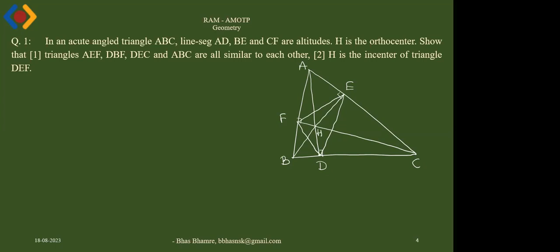Not equilateral. I'm saying that since it's a right angle, in the AFC triangles we know that trigonometric ratios are the same, meaning that AF to AC is the same thing as AE to AB. And then we can SAS it, and by symmetry it's the same thing for the others, and therefore we are done for part one.